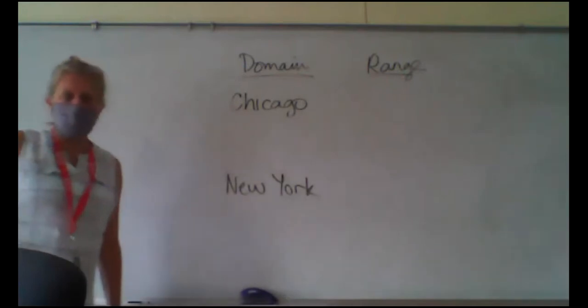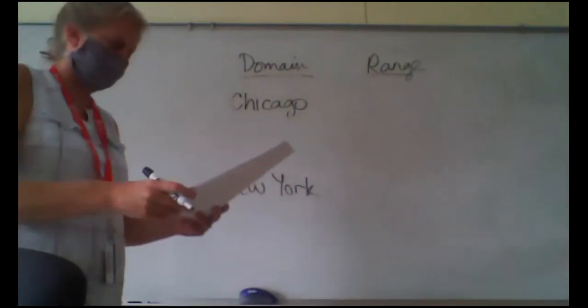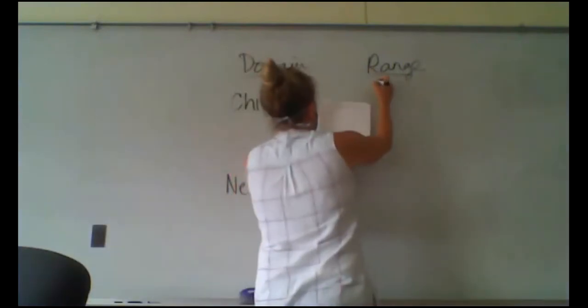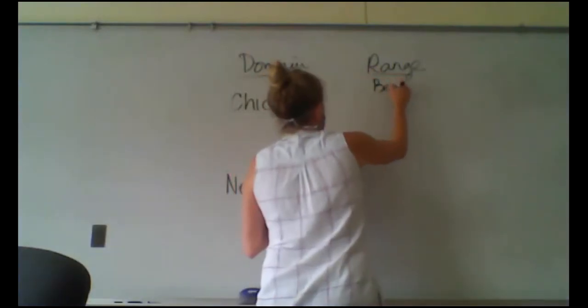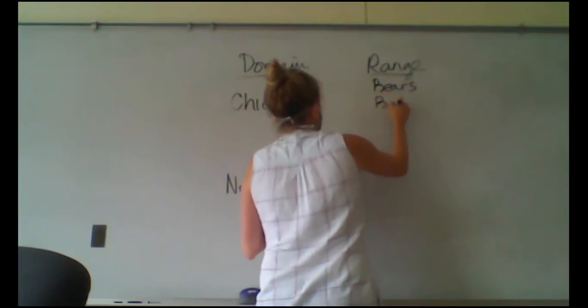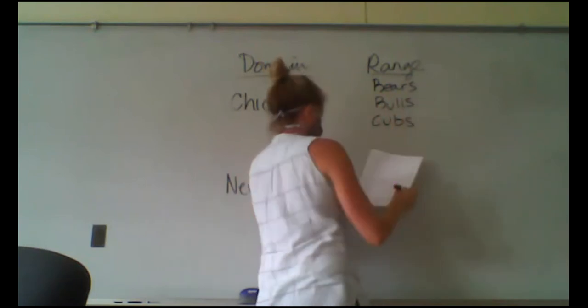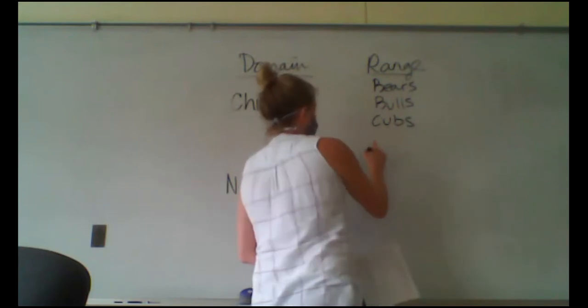So instead of numbers, it's just cities. The range is a group of teams, Bears, Bulls, and Cubs. And then we have the Knicks, the Mets, and the Giants.